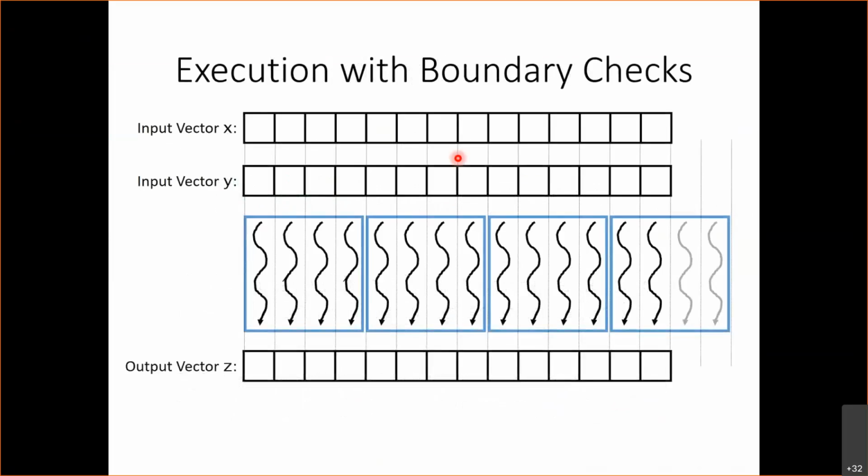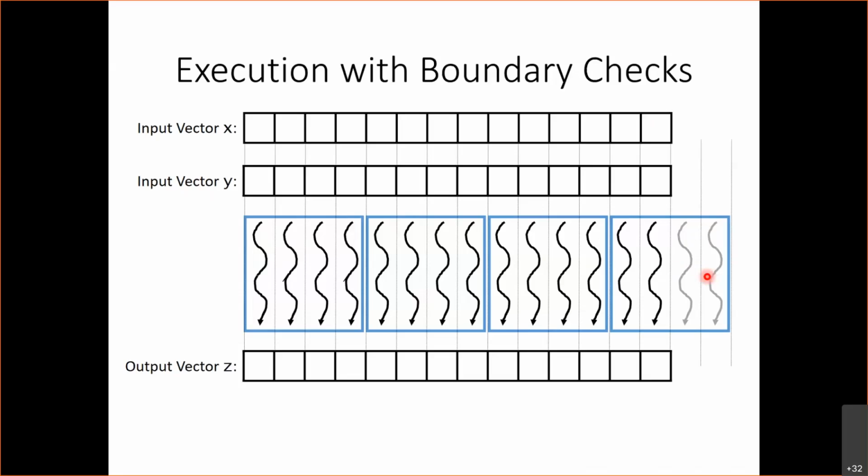So in other words, if my array did not have 16 elements like in the original case, and only had 14 elements, then I only need 14 threads, but I don't have a way to launch 14 threads because my thread block is 4. So I'm going to launch 4 blocks, which is going to give me 16 threads, but then I'm going to have some kind of check to make sure that these last 2 threads don't do any work.